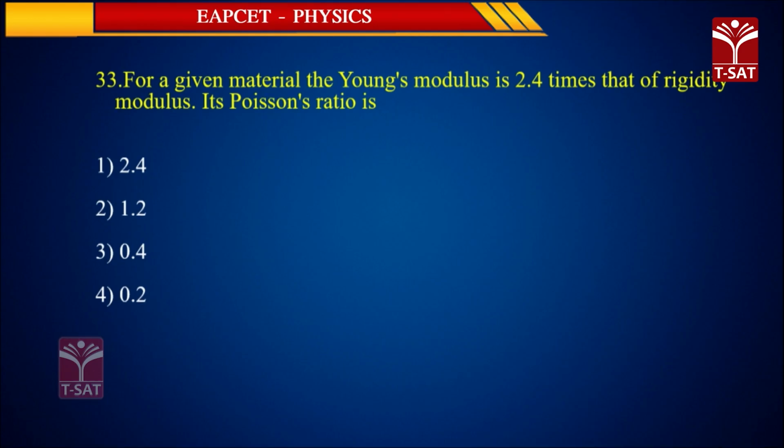The relation between Young's modulus, rigidity modulus and Poisson ratio is Y is equal to 2 eta into 1 plus mu.